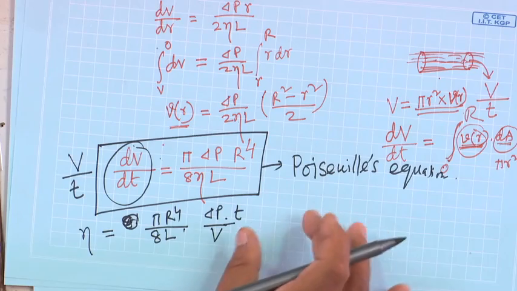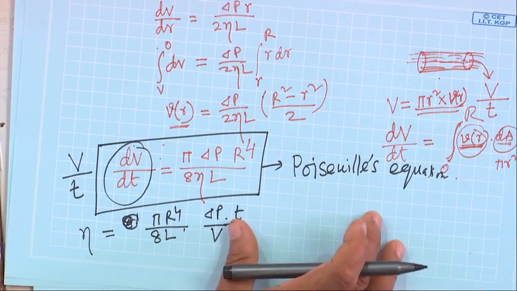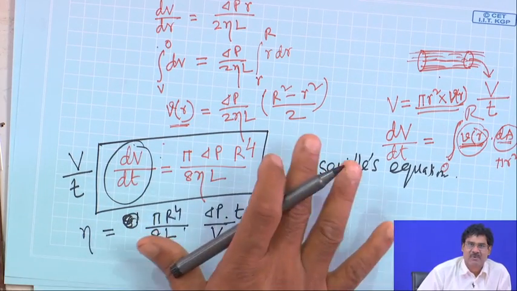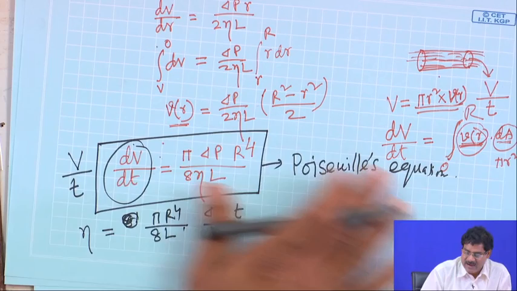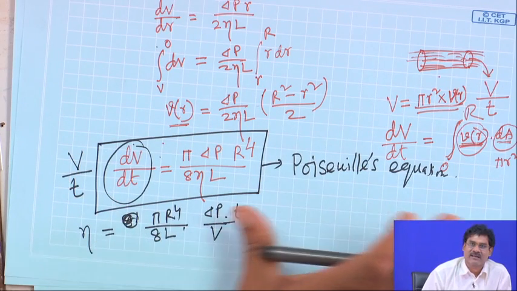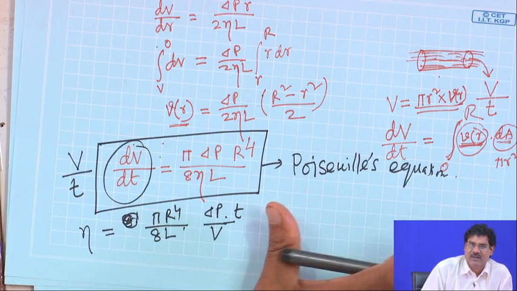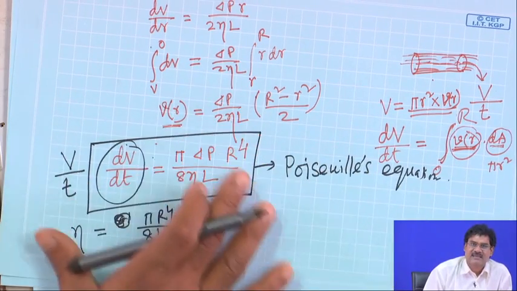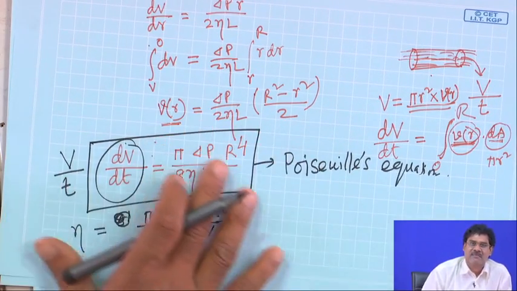Here Poiseuille suggested that if you design the experiment like this, that will be the working formula for that geometry of the experiment. Now this is ready made, it is in our hand, given by Poiseuille.